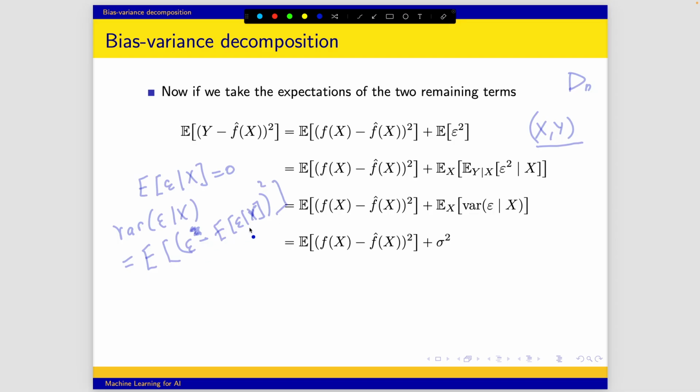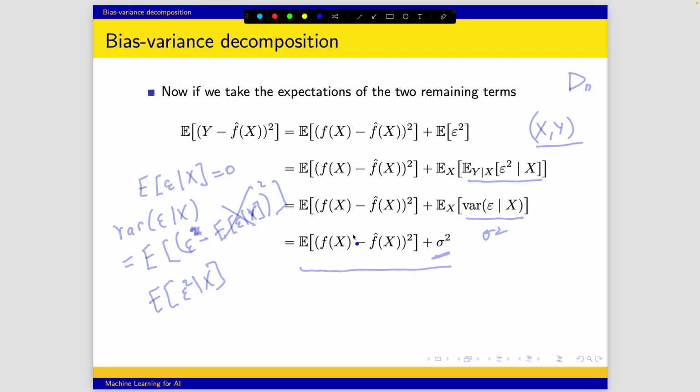But this is 0, so this disappeared, and we end up with the variance of epsilon given x being the expected value of epsilon squared given x, which is exactly what we have here. And so this thing here is the conditional variance of epsilon, which is constant. It doesn't change. It's always sigma squared, a constant. So this is sigma squared. Its expected value over x, because it's constant as a function of x, is also sigma squared. So we end up with these two terms here.